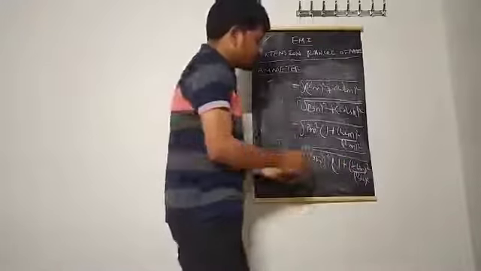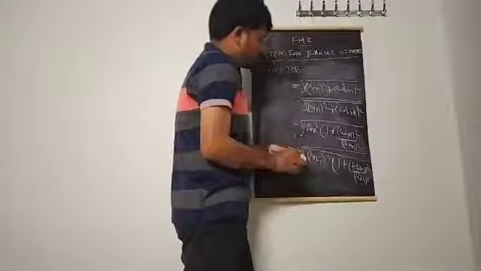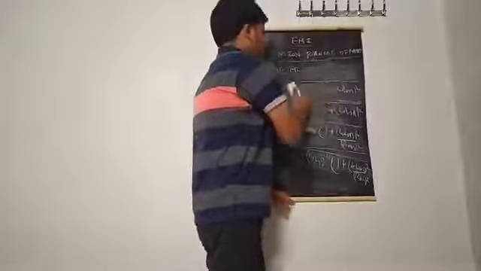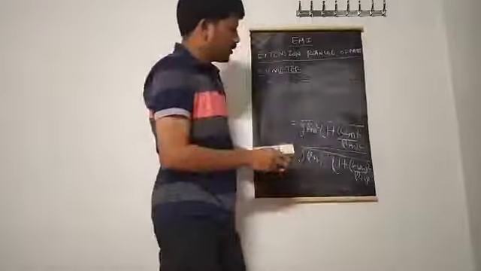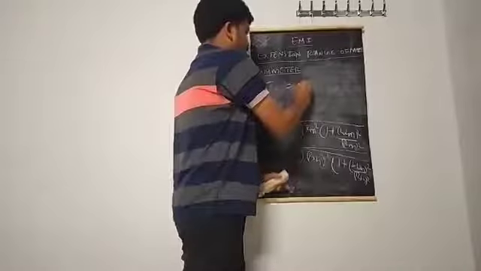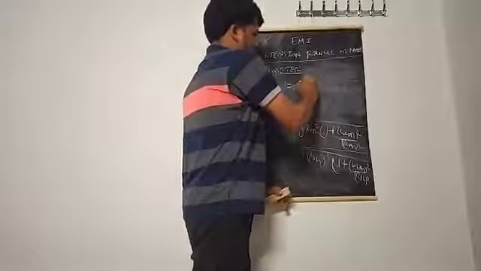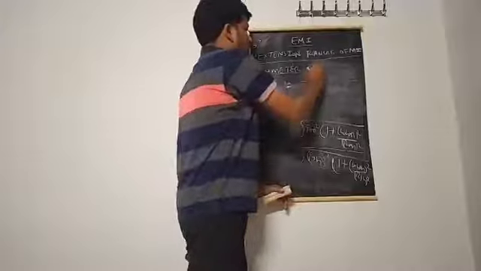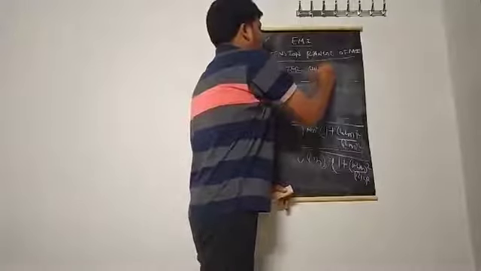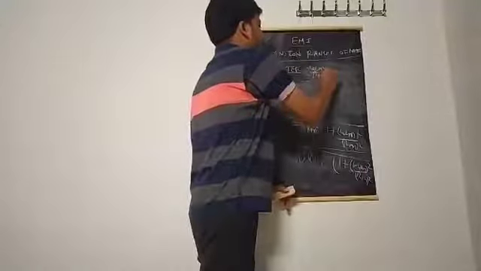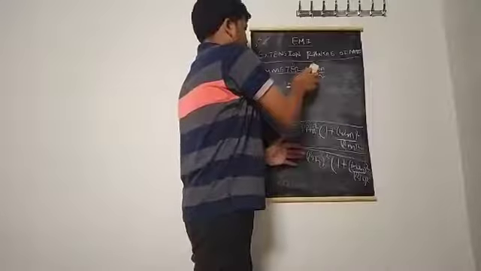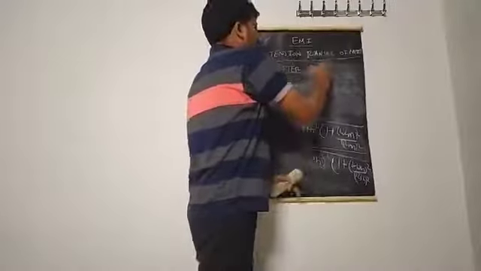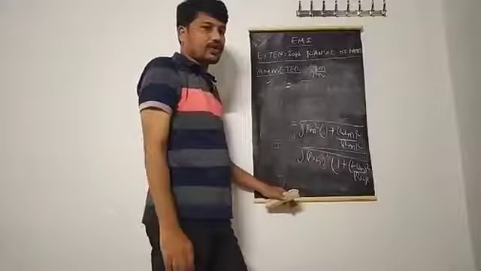So after that I will substitute again here. Here omega Lm by Rm, that is Lm by Rm, is nothing but L by R, the time constant.